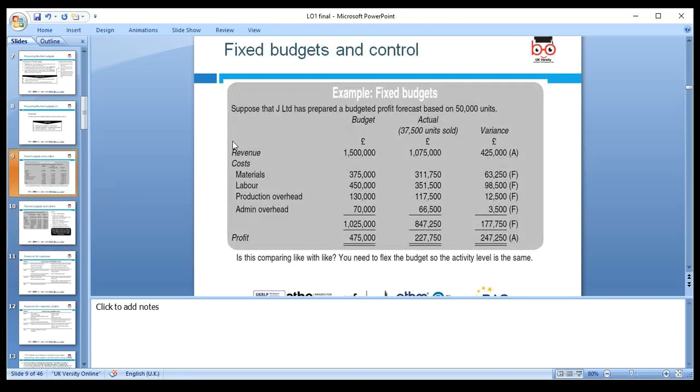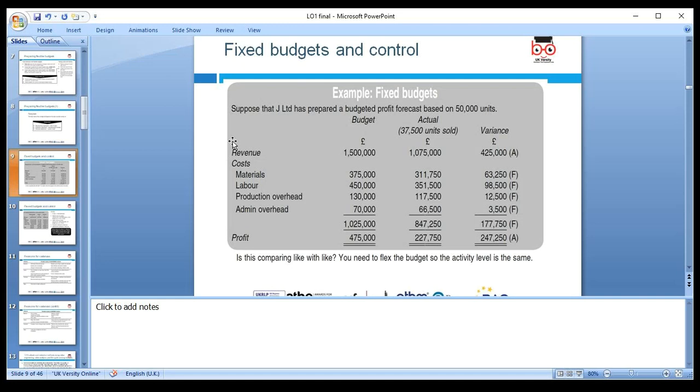So first you look at what your budgeted figure was, because that was budgeted for 50,000. You find the one unit selling price and multiply by the actual sales you have. And actual revenue is always what you actually receive. Then you can find the difference.